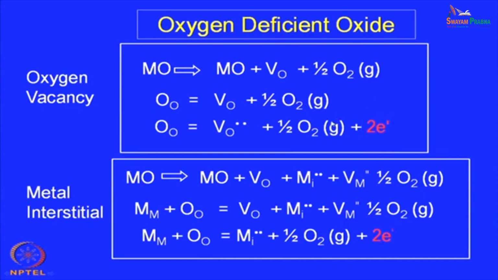In fact, they are the origin of semiconductivity in some of these oxides, particularly the transition metal oxides. So, oxygen deficiency can be caused either by oxygen vacancy or metal interstitials. Both of them are point defects, or crystalline defects.